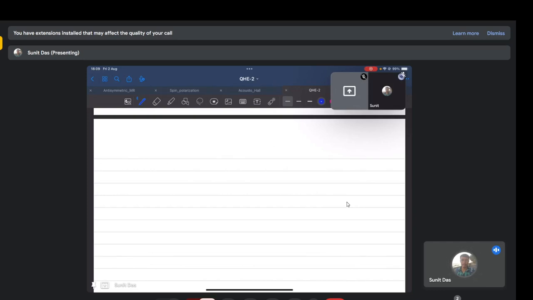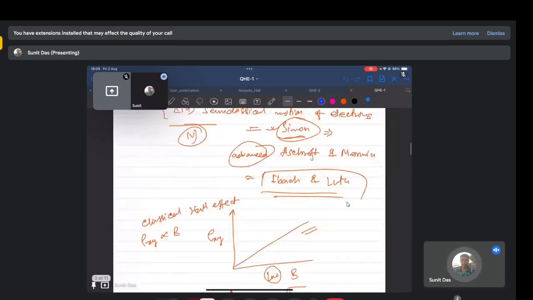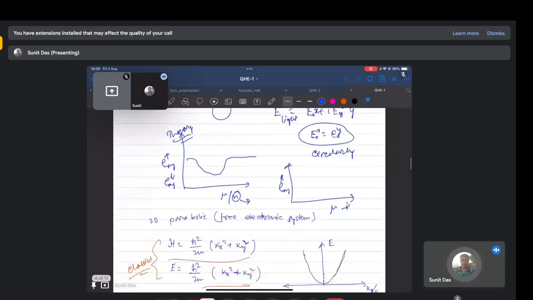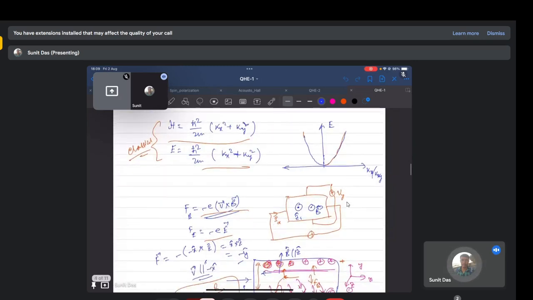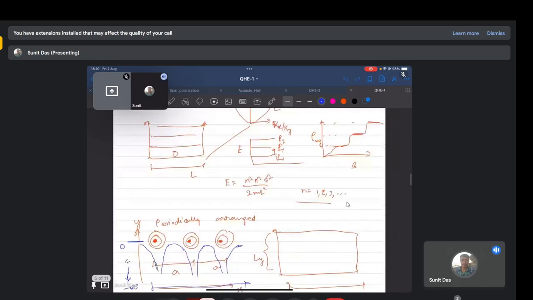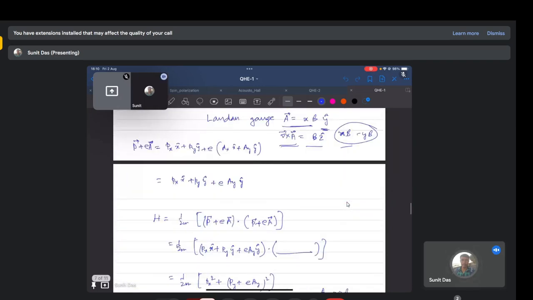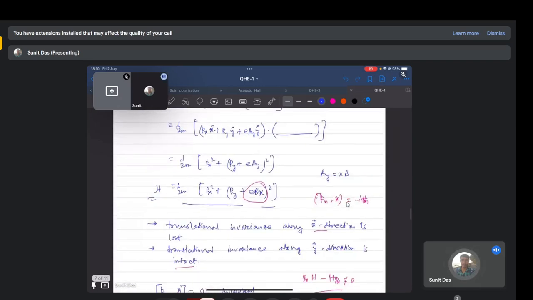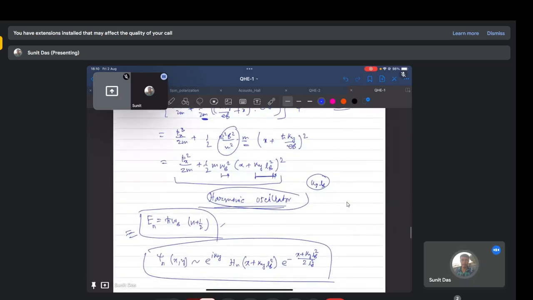Some part of it we already did in class 1, where we are trying to understand what really happens in presence of high magnetic field for a two-dimensional electron gas, and we found out that there are flat Landau levels. So we found that the energy of two-dimensional electron gas in a magnetic field is given by this expression, which is almost the same as the harmonic oscillator, apart from the omega b.